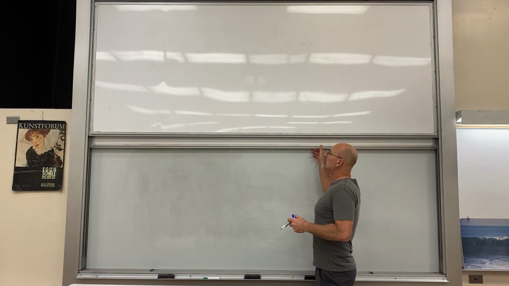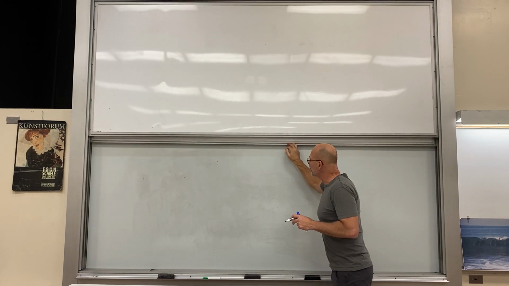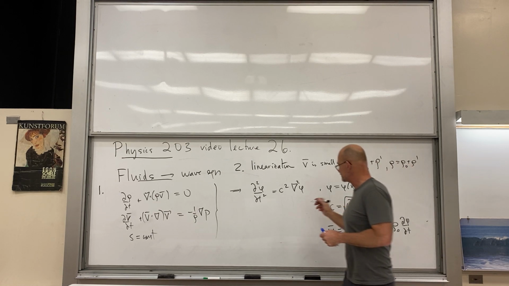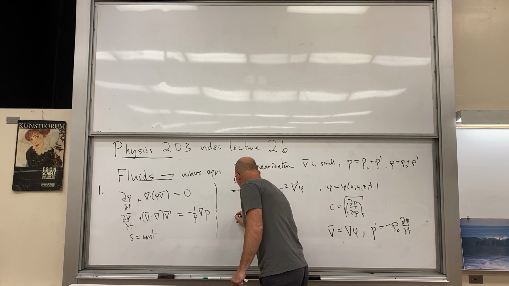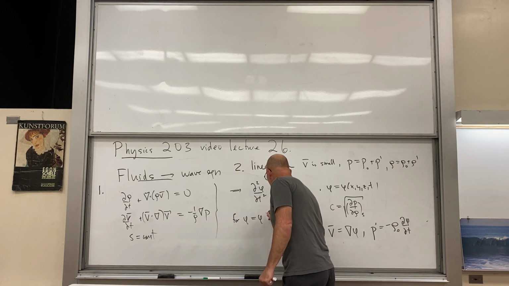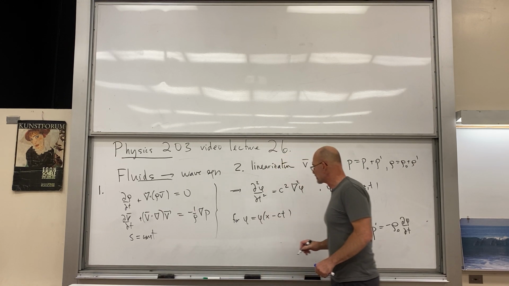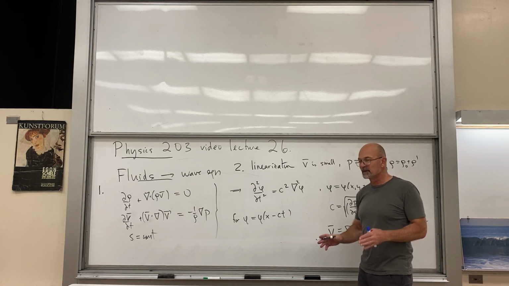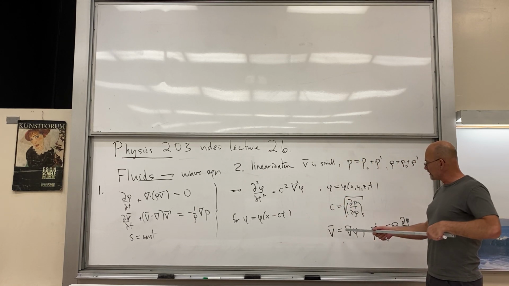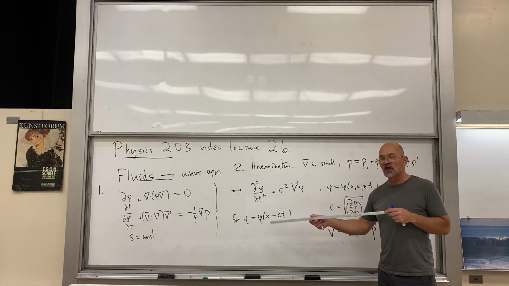Actually, let me add a little bit more to this board. What we had also found was that we had actually solved this, for phi equal to phi of x minus ct, which was a plane wave moving in the positive x direction. The fact that we derive our velocity from this as the gradient showed us that we have longitudinal waves.